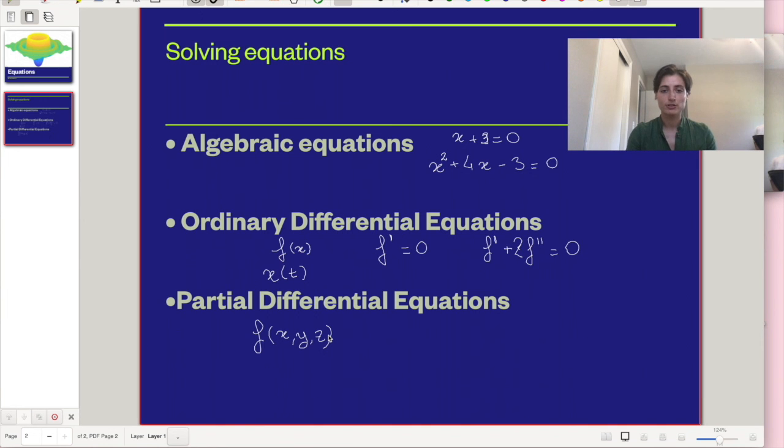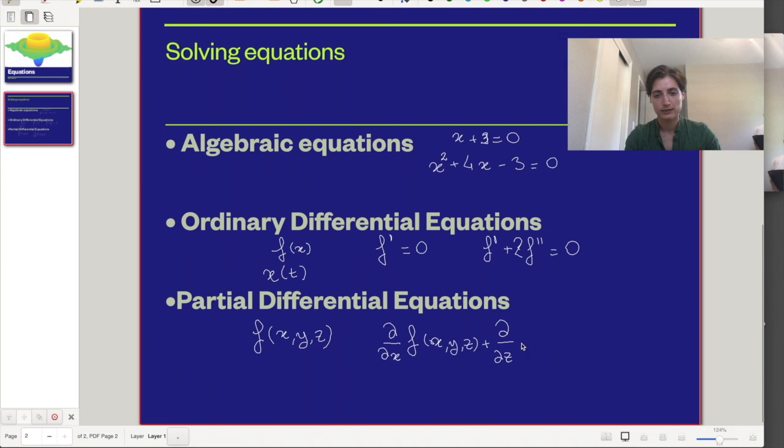Partial differential equations are about giving constraints on the derivatives of f of x, y, and z. So I would have something like the derivative with respect to x of f at x, y, and z, plus the derivative with respect to z of the derivative with respect to y of f at x, y, and z, equals 0.